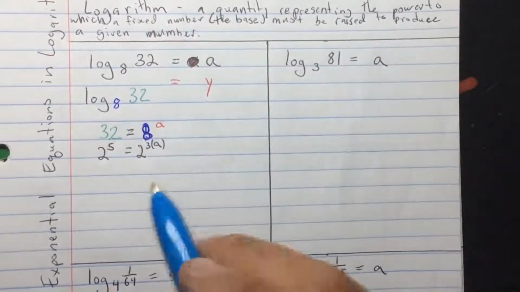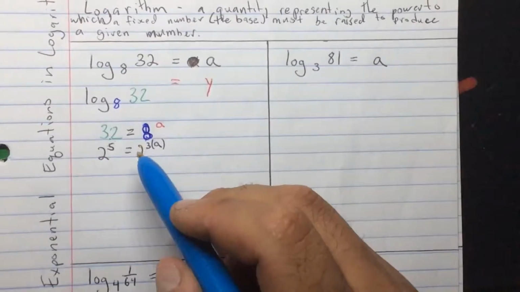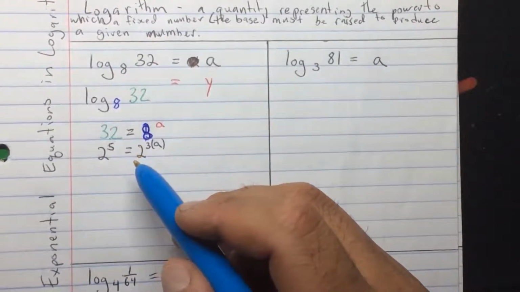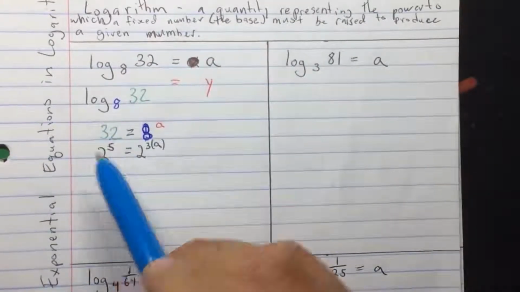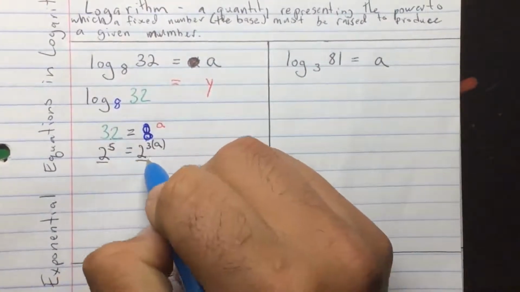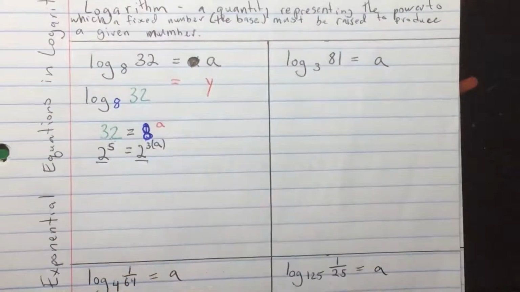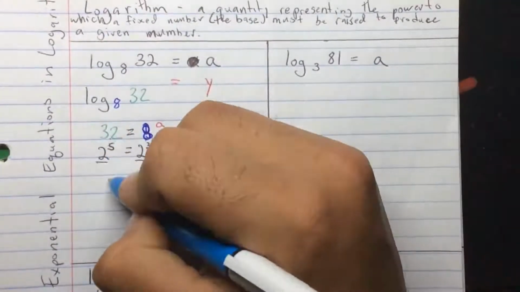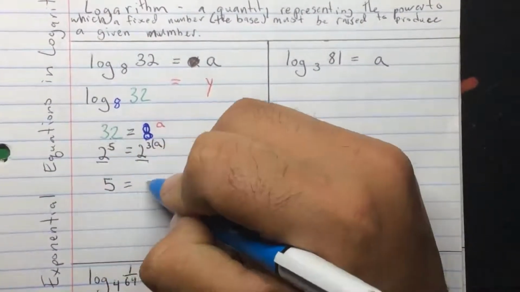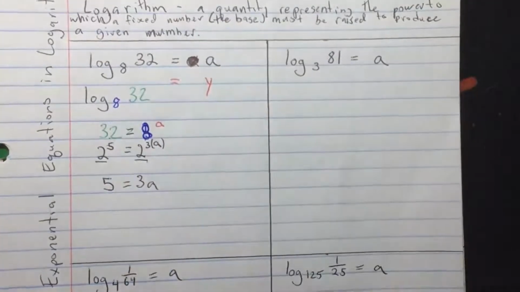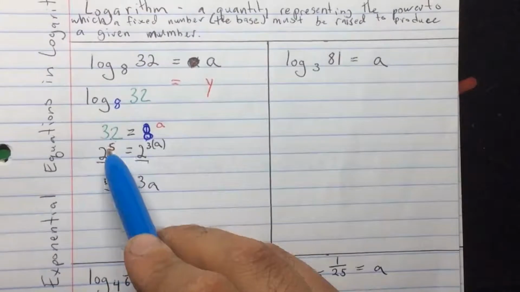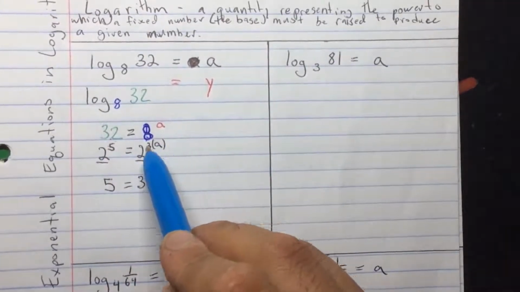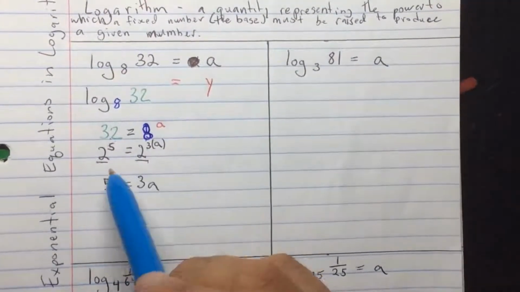This is a rule of exponentials, the power property of exponentials, which we went over a while back: if you have the same base here, that means the exponents are equal to each other. So that means that 5 is equal to 3a. Because if this is 2 to the 5th power, this has to be 2 to the 5th power as well, otherwise it wouldn't be equal.